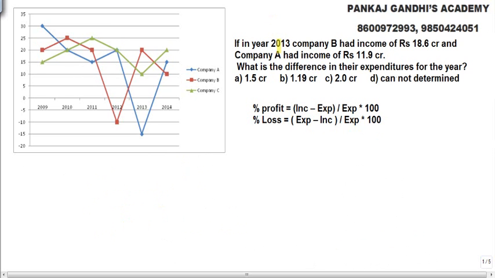What's given here is 2013. We're talking of 2013. B had income, but B made a profit of 20%. A had income of this, but A made a loss of 15%. Expenditure, profit or loss, always on expenditure.